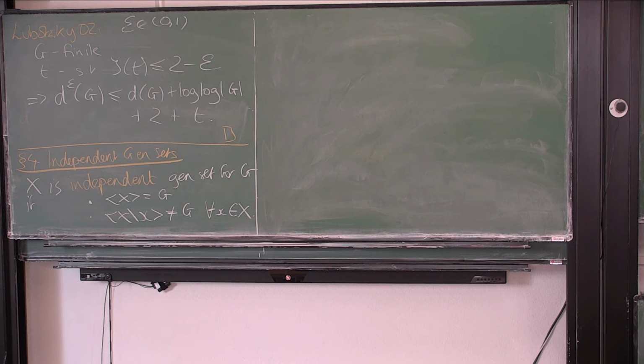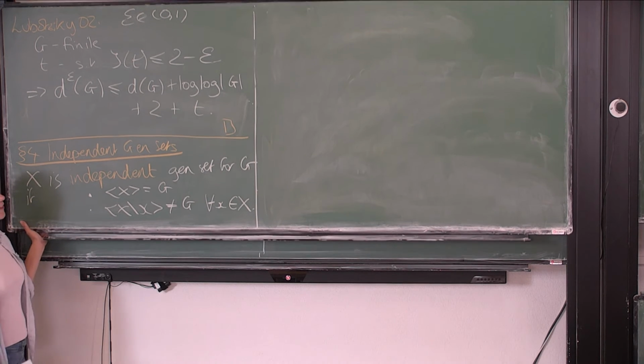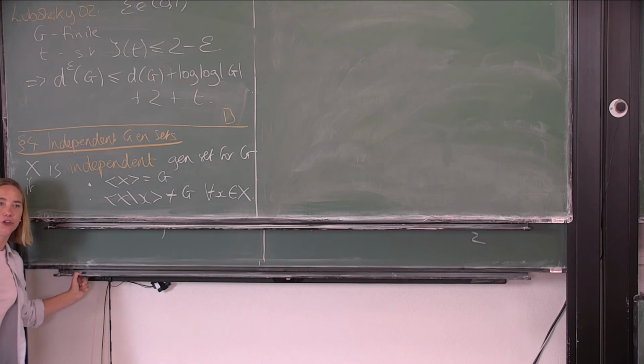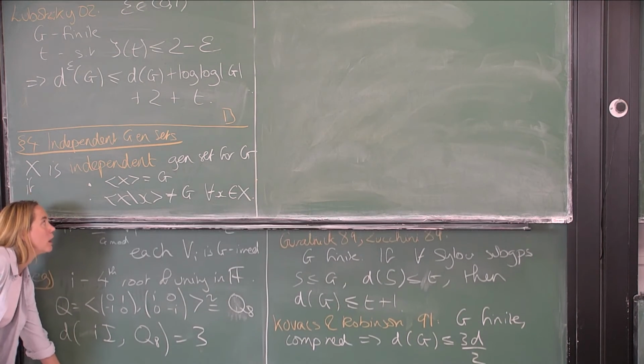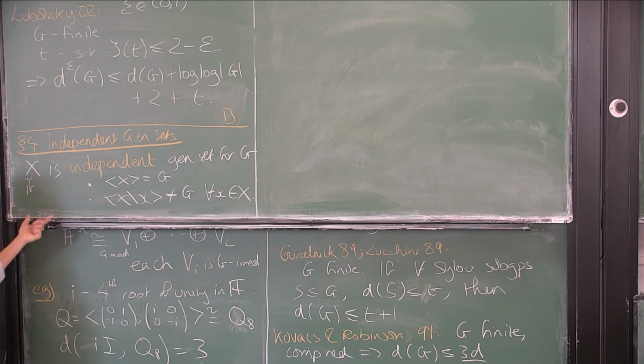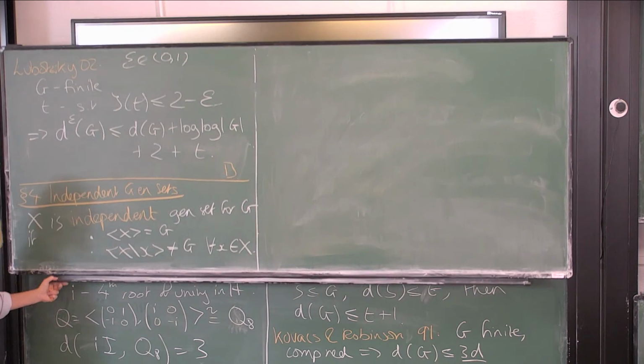So my favourite example of these is obviously that a basis for a vector space is an independent generating set for that vector space, because it generates, and if you take anything out, you don't generate anymore. So there's an obvious question, what do these look like?